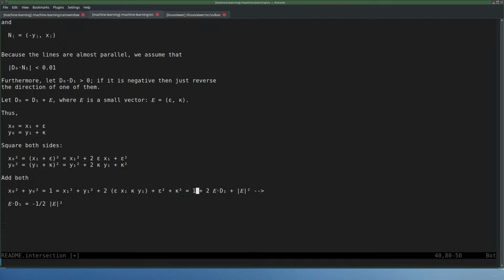And that is then 1 plus 2 times, there's a plus missing here, E in a dot product with D1, yeah, plus, and then epsilon squared plus kappa squared is the square of the length of E, or it's not E, but it's italic uppercase epsilon, whatever, looks like an E.